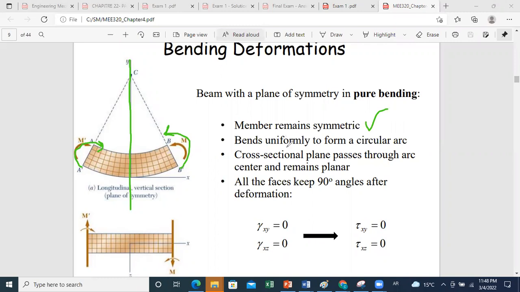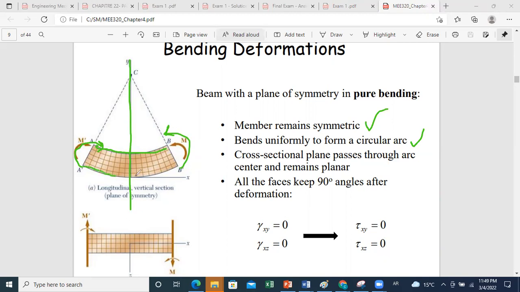Plus, we will observe that it bends uniformly to form a circular arc. So as you can see, under the effect of bending moments, in this example the upper part will be compressed, subjected to compression, and the lower part is subjected to tension.